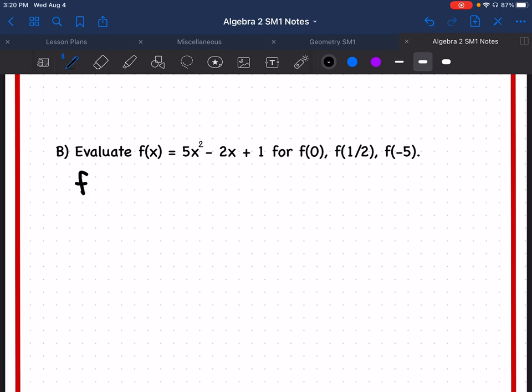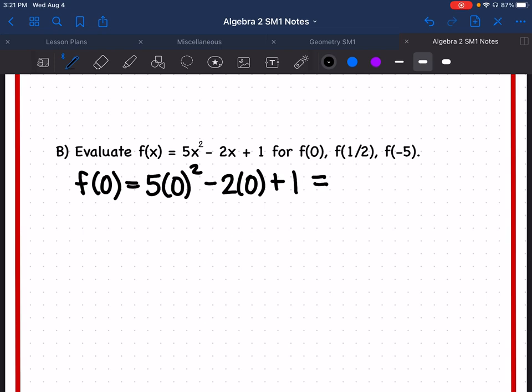So f of 0 equals 5 times 0 squared minus 2 times 0 plus 1. Well, whenever I multiply anything times 0, it's going to be 0. So 0 squared, 0 times 0 is 0, times 5 is 0. 2 times 0 is 0. So I have 0 minus 0, which is 0, plus 1. My answer is 1.